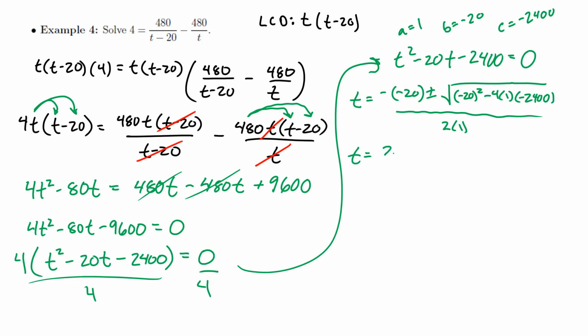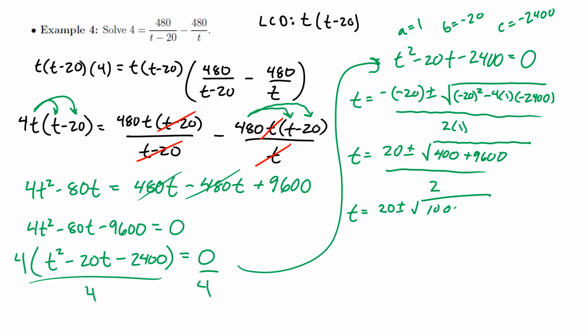So t is 20 plus or minus the square root of, so we've got negative 20 squared is 400. And then here we are going to get plus 9,600, all over 2. And those go together to make 10,000, which is nice because 10,000 is a perfect square.